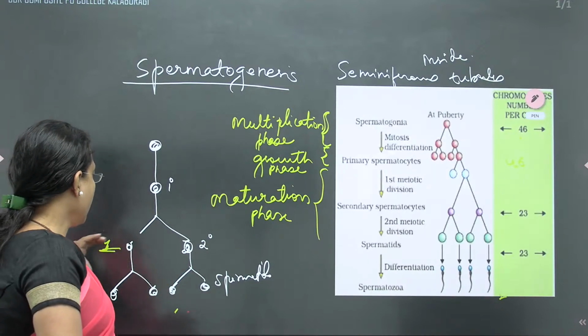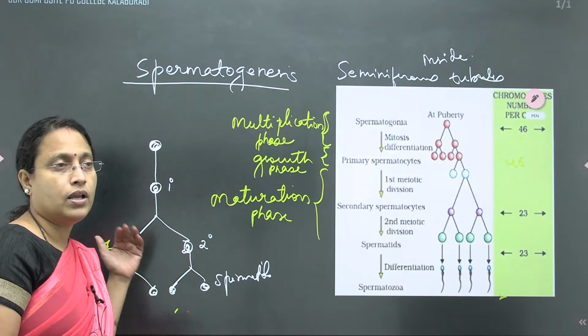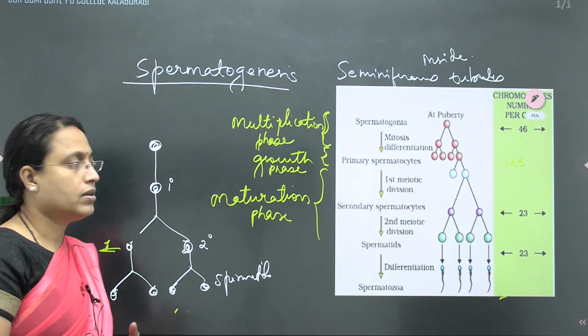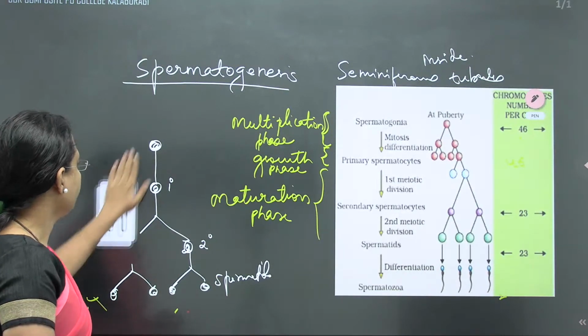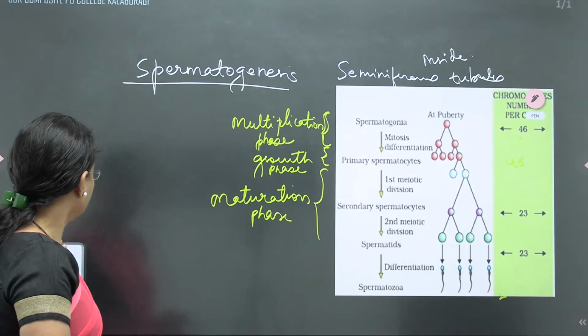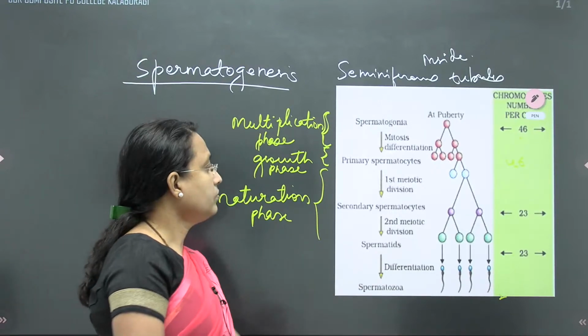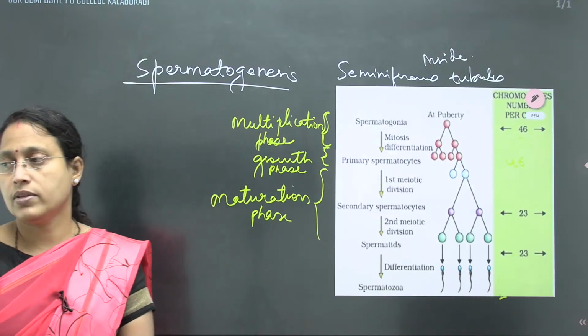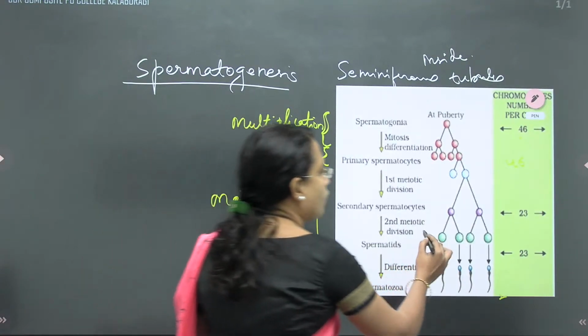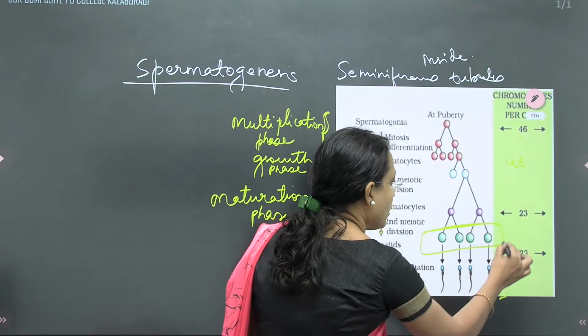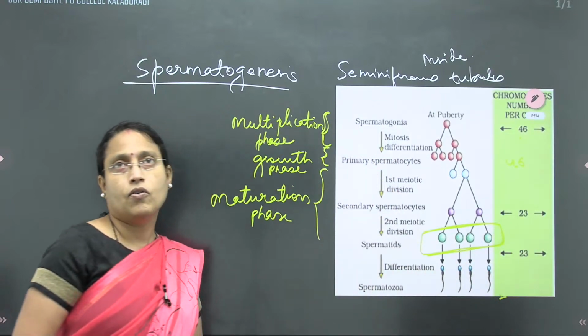So it can be extended to any other values. Now the spermatids are formed, these 4 spermatids.